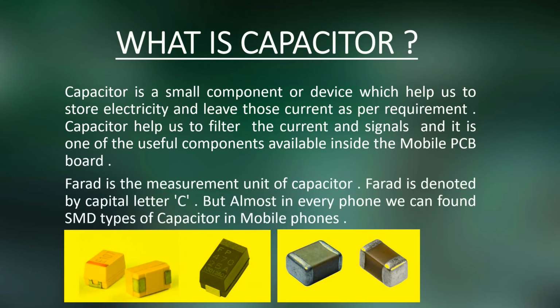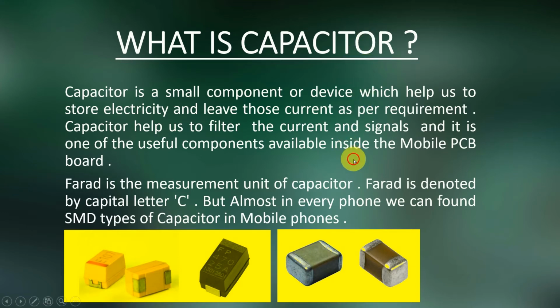Capacitance is denoted by the capital letter C, and in almost every phone we can find SMT types of capacitor. Inside the mobile phone you will get the SMT types of the capacitor. So let's discuss the types of the capacitor.